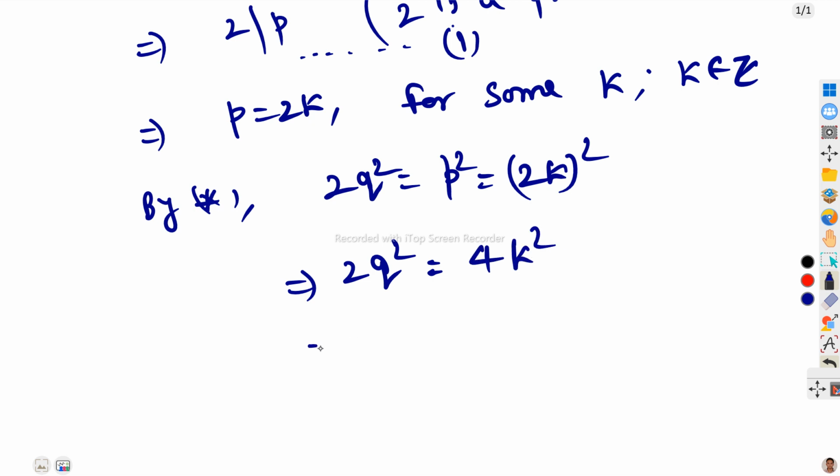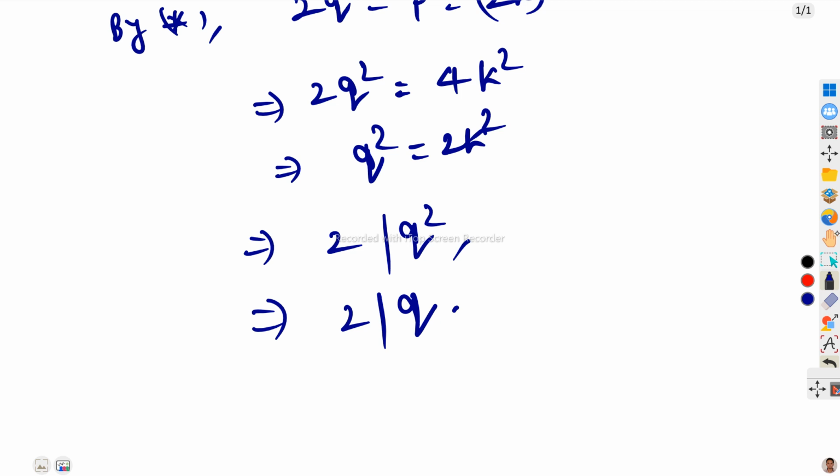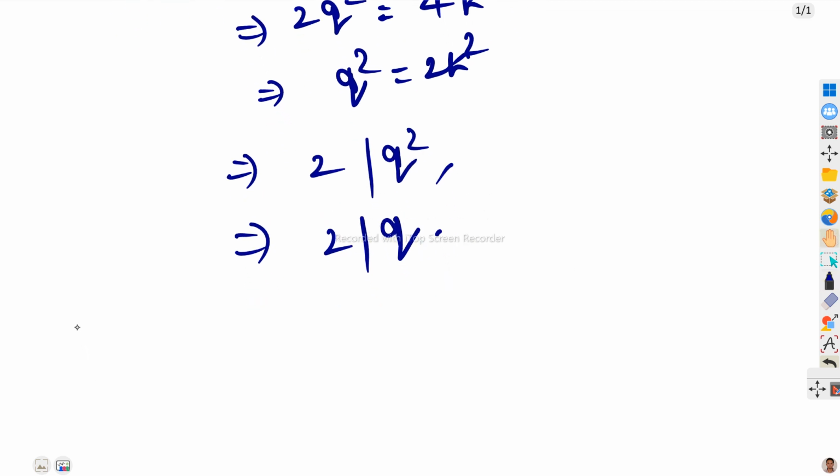This implies that q square equals 2k square, which means 2 divides q square, and this means 2 divides q also. This is equation number 2.